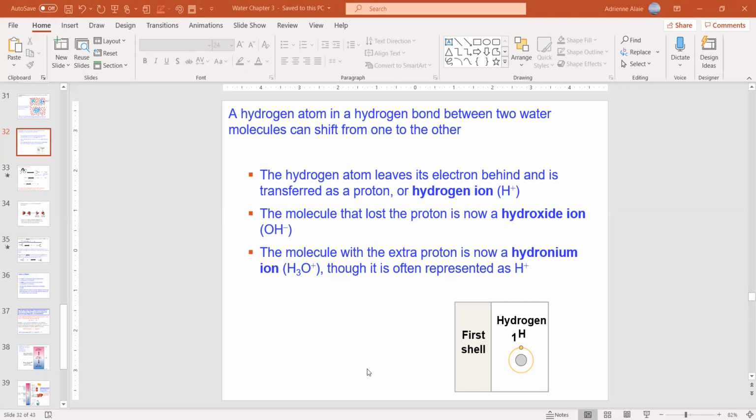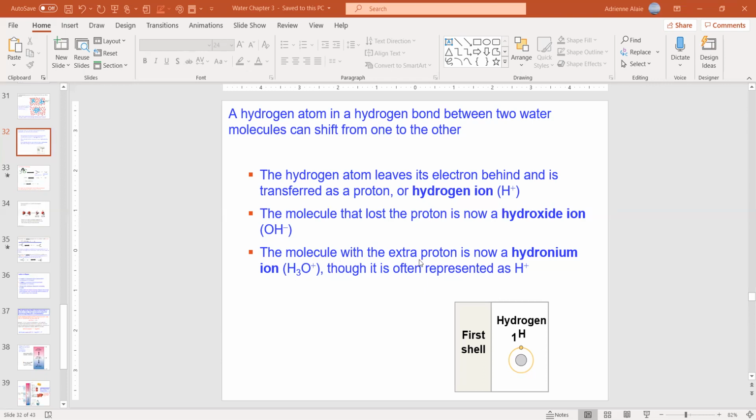Okay, so the hydrogen atom leaves as a hydrogen ion or a proton, and the molecule that lost that proton has an extra electron, and it's now known as a hydroxide ion. This is also an ion because it carries a charge. It's a negatively charged ion. I'll show you in the next slide.